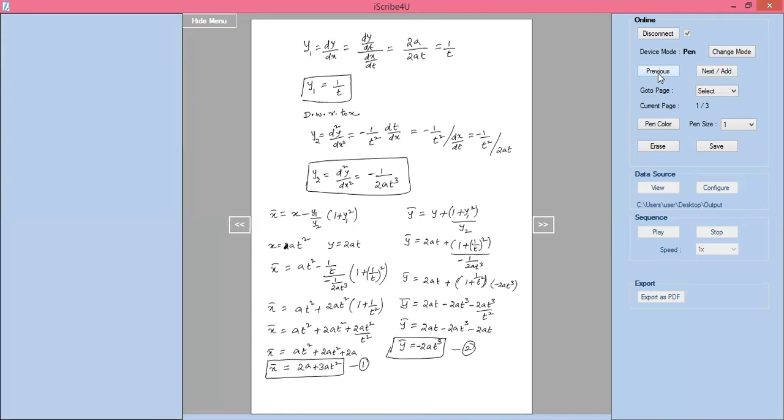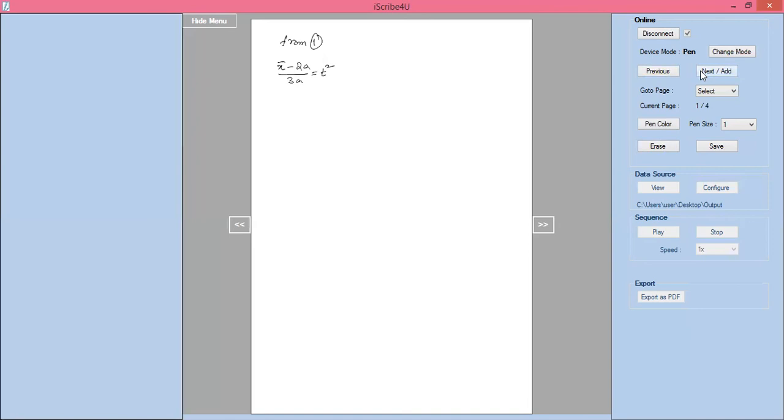Next one is y bar equals minus 2a t cube. From this, I'll raise the powers on both sides because here t cube is there, here t square is there. I may not substitute this directly. So that's the way I will do it for this equation. This is equation 3 I will consider.